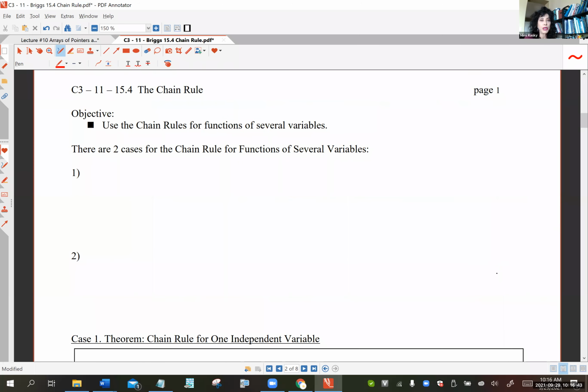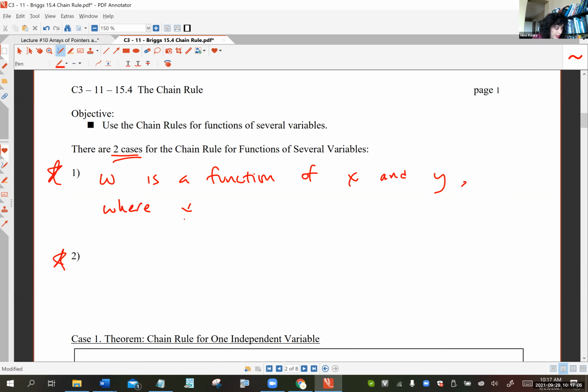Now it's time for Calculus 3 and the chain rule. And there's two biggie cases for the chain rule here in our class. So the big two cases, and we'll do one at a time. So the first one we're going to look at is when you have w is a function of x and y, say, well, it could be more, where x and y are functions of a different variable.